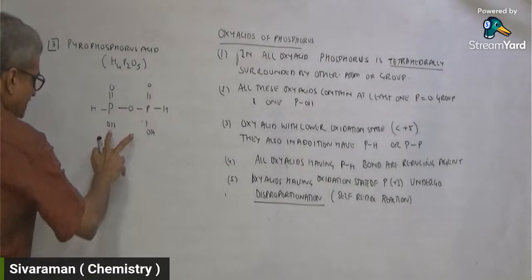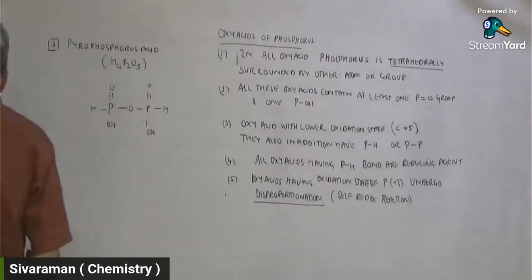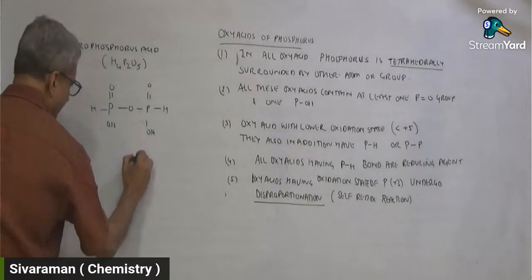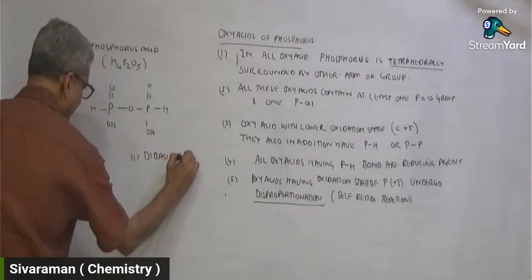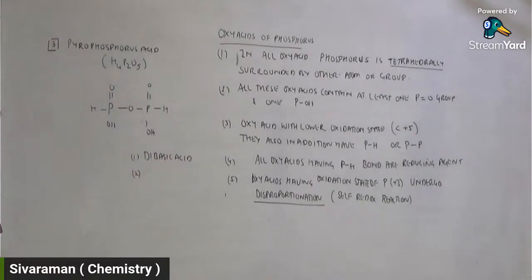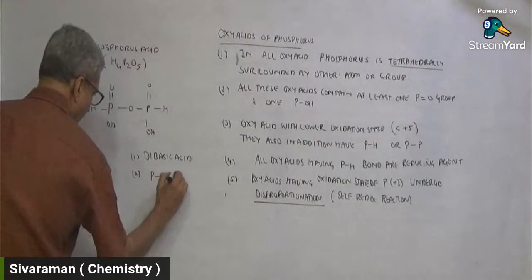Obviously it has two OH groups. If it has two OH groups, it is a dibasic acid. The second one is a very important point: it has a POP link.